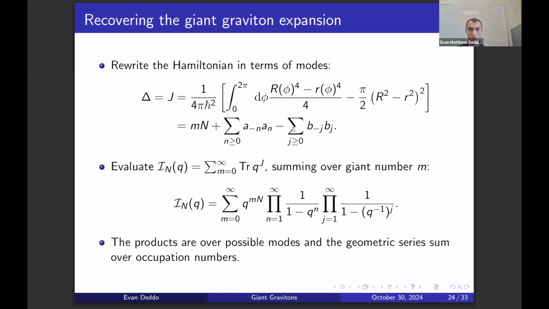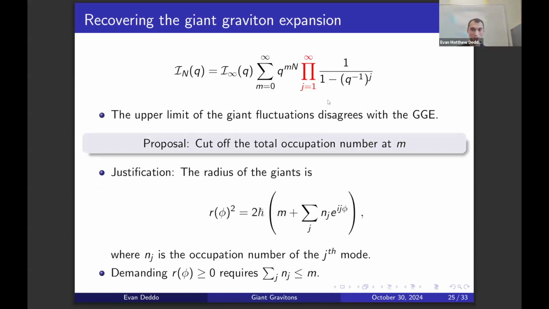We expect it to lower the R charge, and then just like how the contribution from these oscillators gives us this, we have a similar contribution from the giants with this -1. So the thing is that this almost reproduces the index, but not quite, because if we look at the giant graviton expansion, this term is actually different.